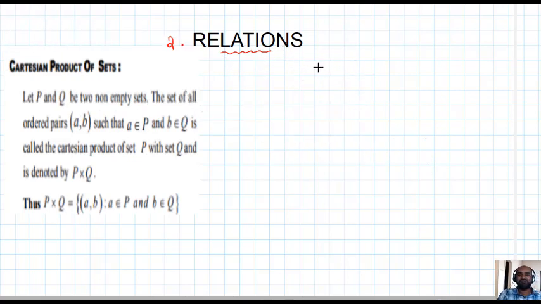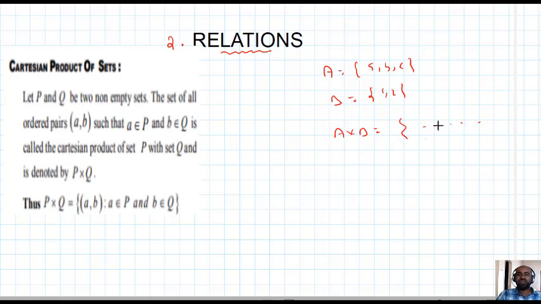Next observation. In the previous example, I took A as A comma B comma C and B as 1 comma 2. A cross B found, how many elements did I get? There are 6 elements, right? 6 ordered pairs are there inside. So B cross A is also 6 only.